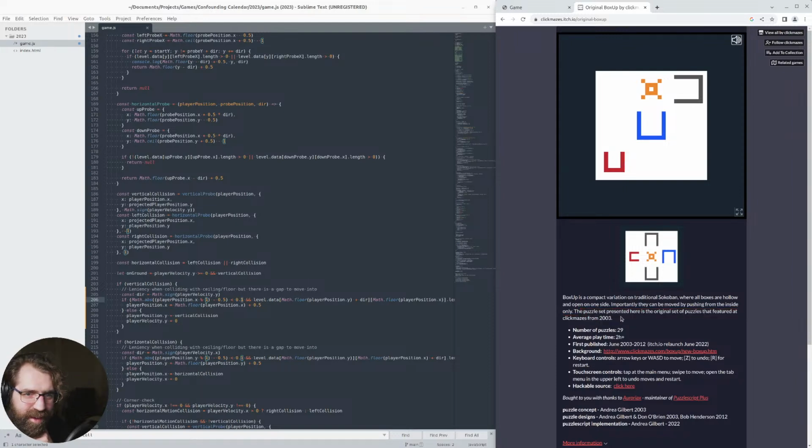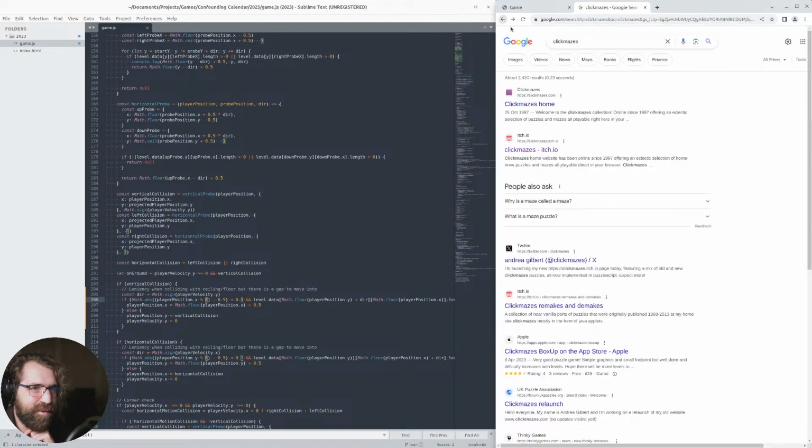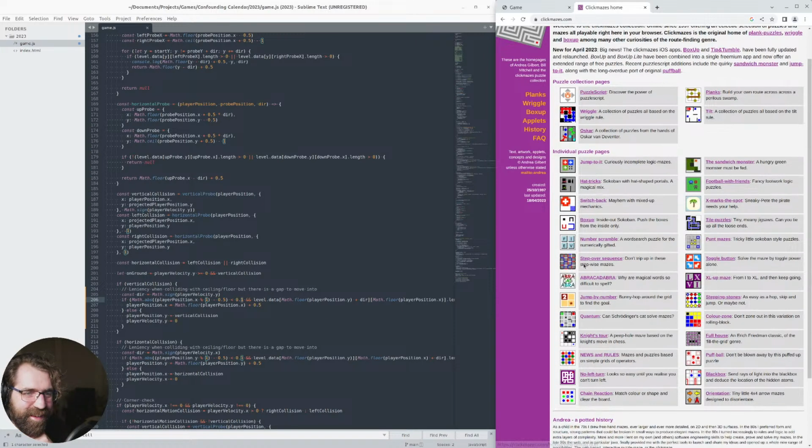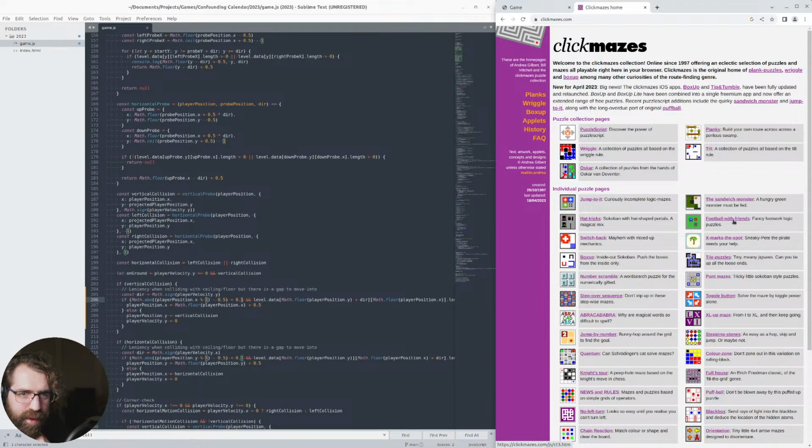Yeah, this is actually a puzzle from 2003, because Clickmaters has been making puzzles for a long time. I used to play these puzzles at school. I remember playing, what's it called?